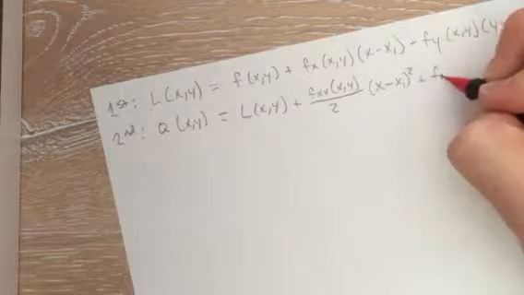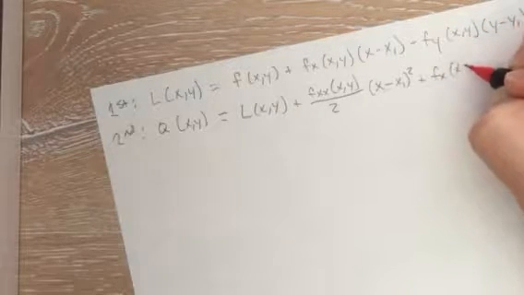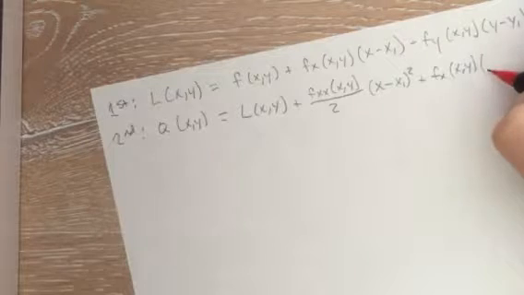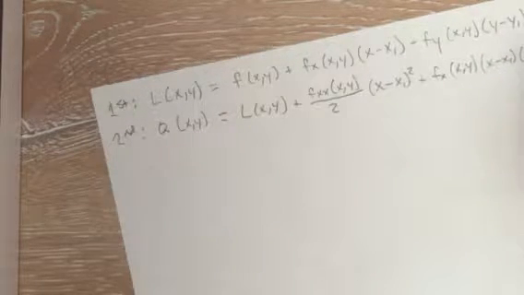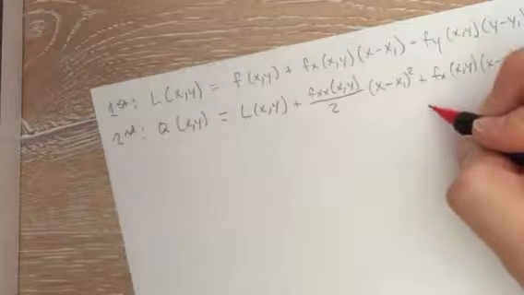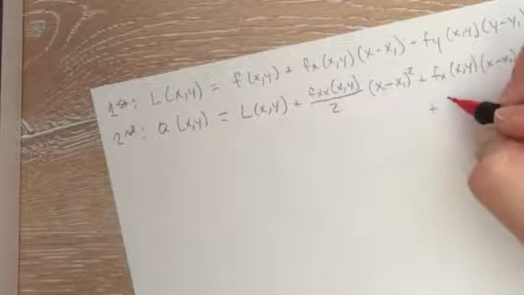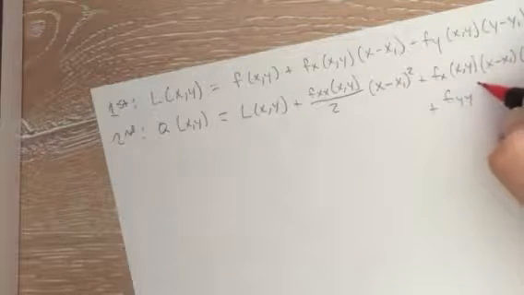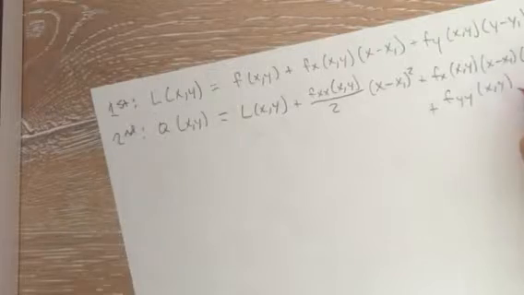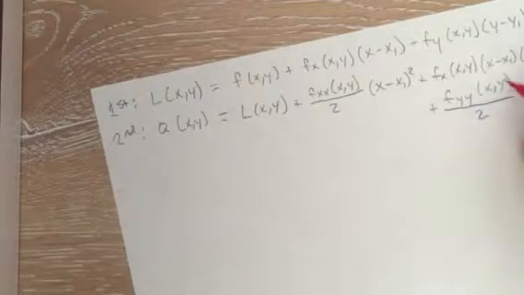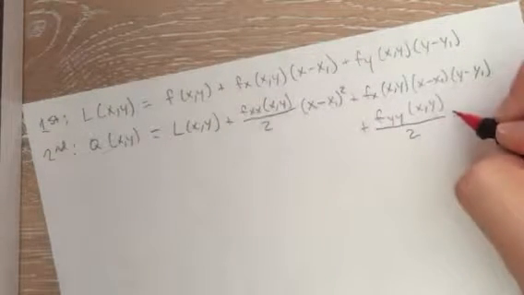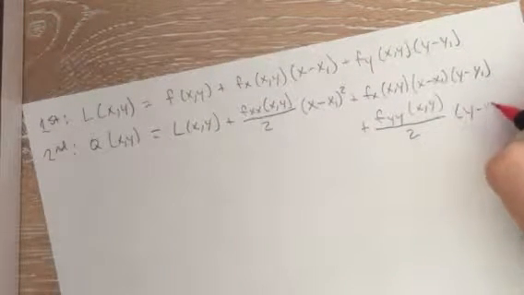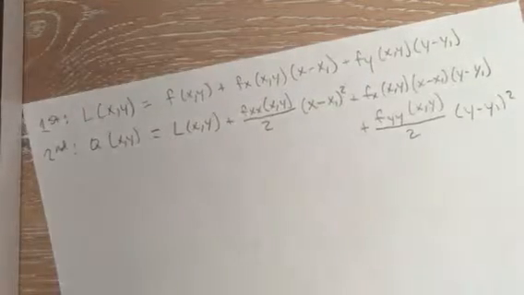Then plus f_xy of x,y times both x minus x1 and y minus y1. And it looks like I'm going to run out of room, so I'm just going to put this down here. And that's plus f_yy of x,y also over 2, kind of like what we did here, and that is also multiplied by y minus y1 squared.